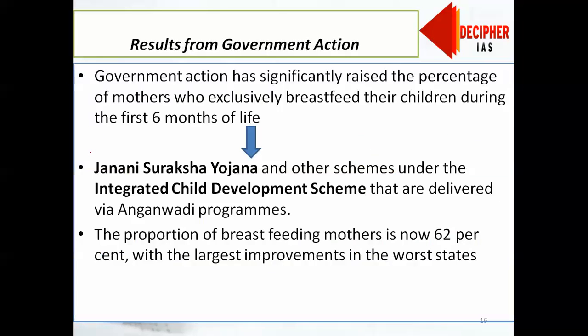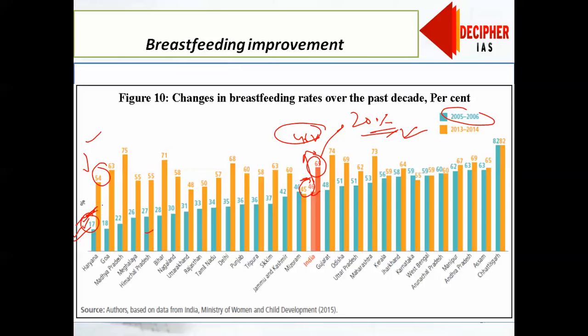So this has been possible due to the Nani Suraksha Yojana, which has been started by the Women and Child Ministry, and also the ICDS scheme, Anganwadi programs, which take care of mother as well as child. Now the proportion of breastfeeding mothers is 62%. Obviously, I just showed you the largest improvement in the worst states, and the percentage has increased to 65% as given in the economic survey.